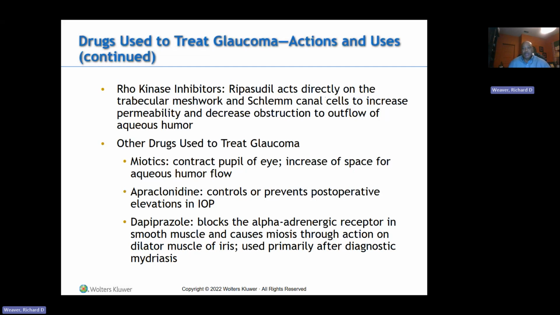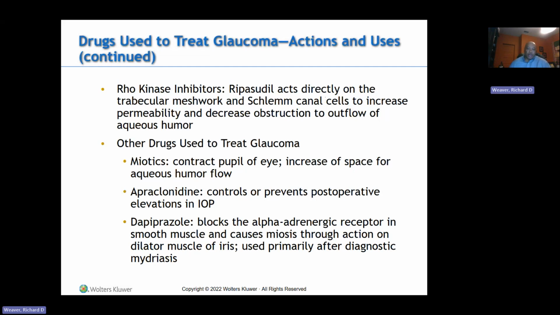These drugs are less frequently used now, and so they have lost their first choice treatment status. You have these first line, second line drugs. This was a first line drug at one time, but it has lost that status to drugs like the prostaglandin analogs and beta adrenergic blocking drugs.